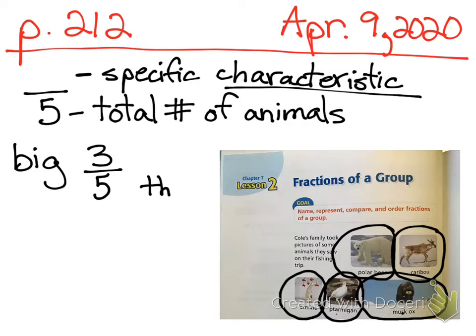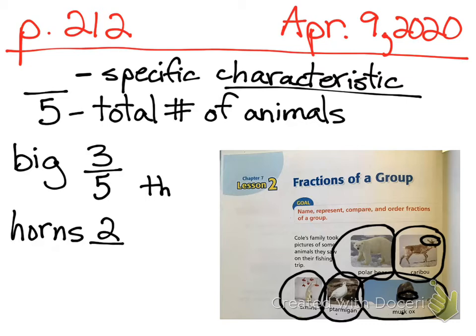Okay, let's do another characteristic. What about horns? Now I notice the caribou here has some antlers, so those are sort of like horns, and the musk ox has horns as well. So we could say, how many of the animals have horns? So 2 animals.